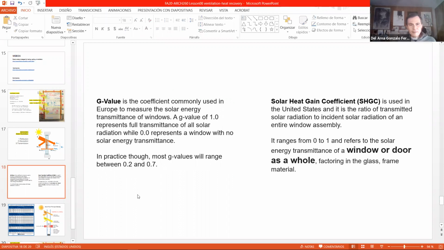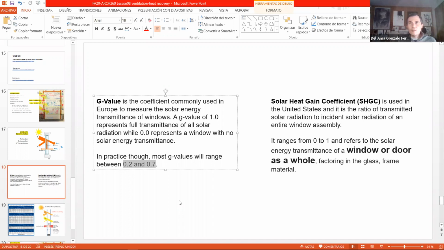There are other places with cold winters and hot summers. In places like that, unfortunately, we can't change the solar heat gain coefficient of a glass. So we have to decide on either a high or a low solar heat gain coefficient. That depends on the use of the building.